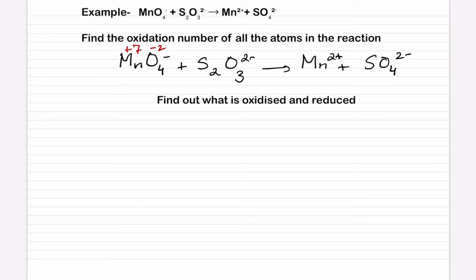In S2O3, oxygen again is minus 2, and sulfur will be plus 2, so they'll have an overall charge of 2 minus. Manganese over here is independent, so we can just write plus 2. And here again oxygen is minus 2, and since there are 4 oxygen, sulfur will be plus 6.